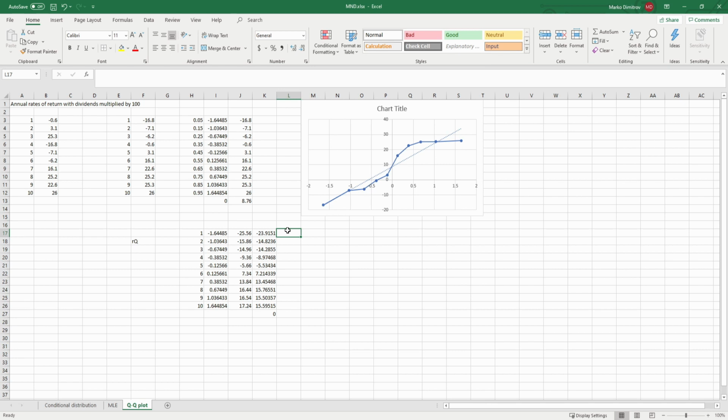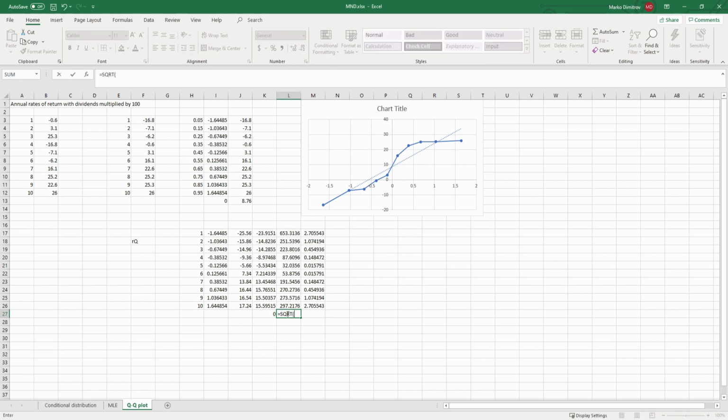Then we need squared values, so we need to square this, and we also need to square these values, and in the end to sum them and find the square root. So we need the square root of the sum, and we need the square root of the sum here.